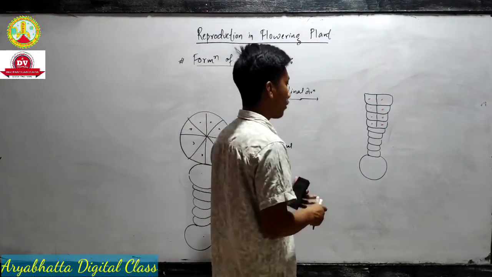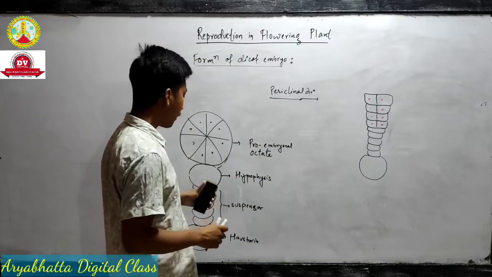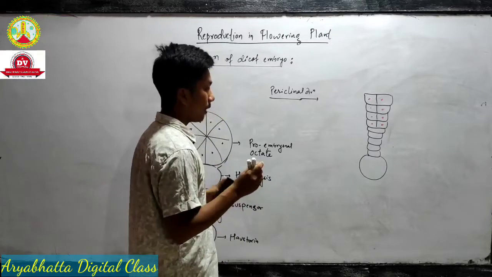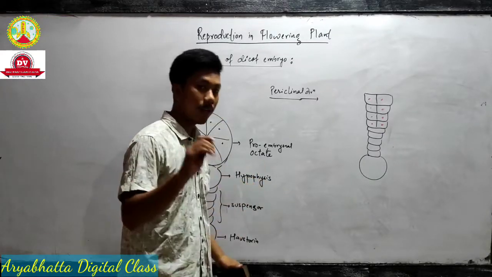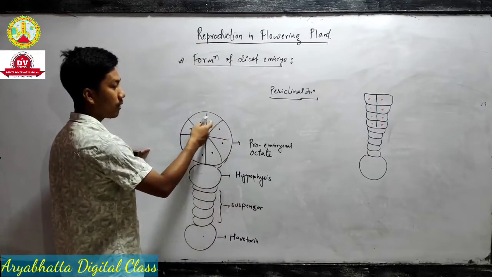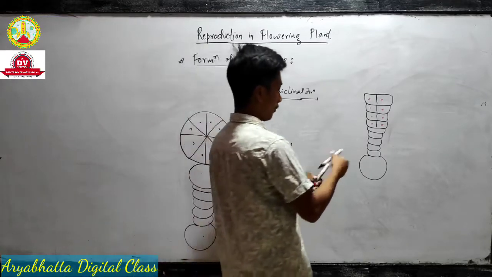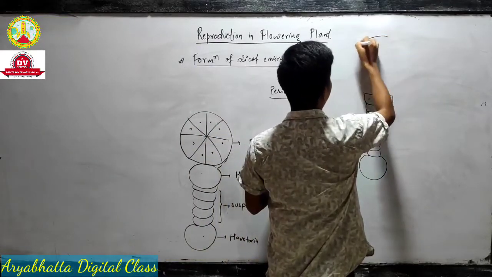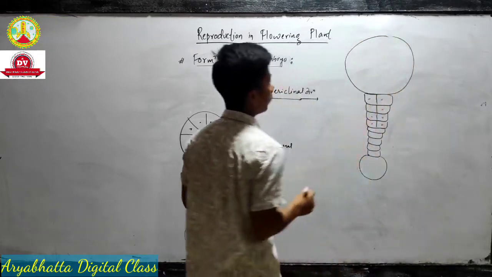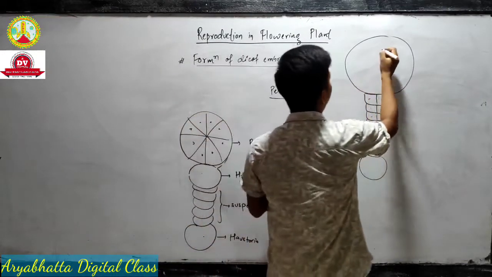So these are the lower cells where the division took place. After periclinal division, the hypophysis cell divides into a group of 8 cells, and the suspensor and haustoria remain as they are. The upper cell, the pro-embryonal octet, results in the formation of a layer.